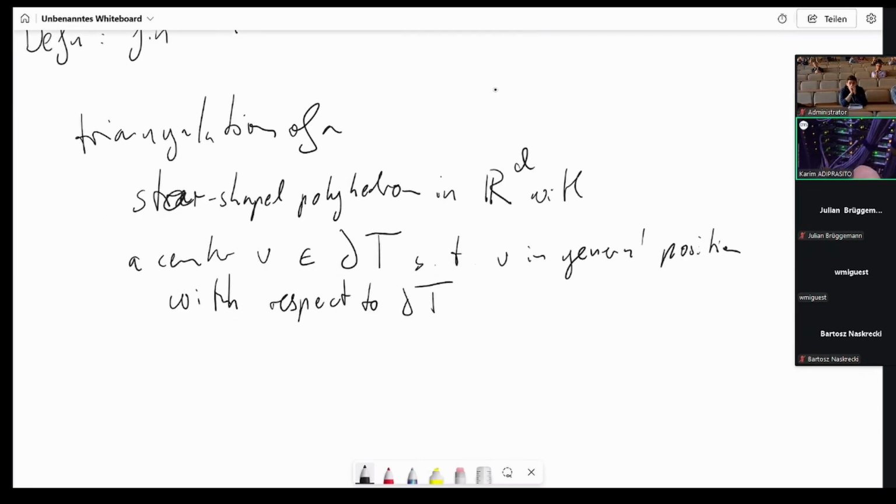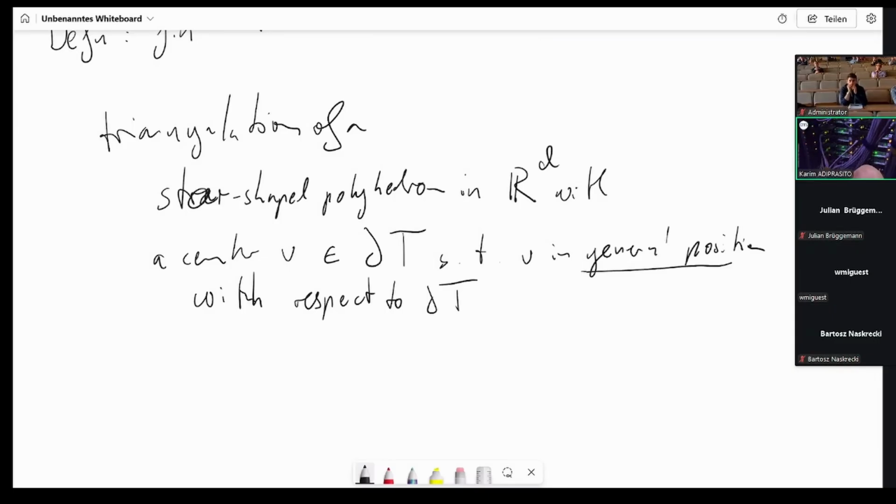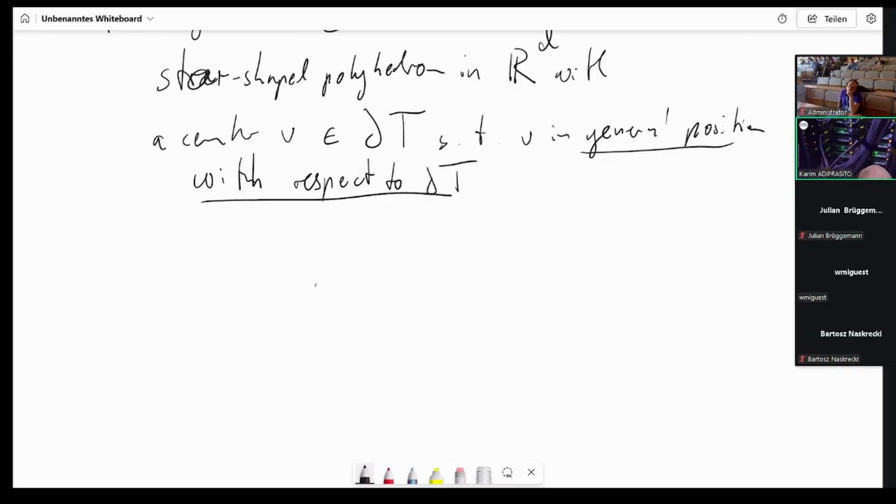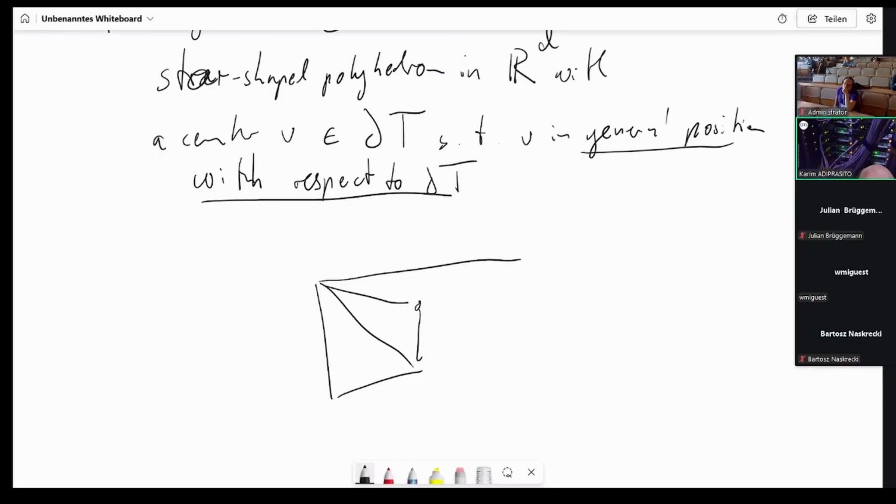I will have to explain what I mean by general position, but the notion is quite simple. I have a triangulation of some star-shaped polyhedron, and I have a point V somewhere in the boundary that is the center with respect to this triangulation.